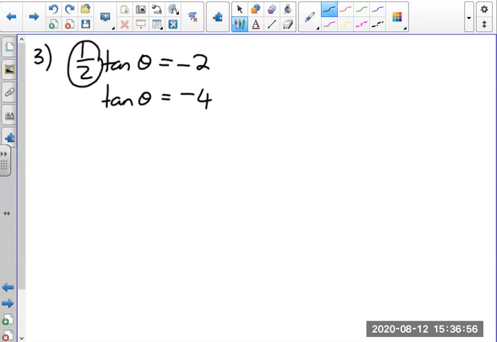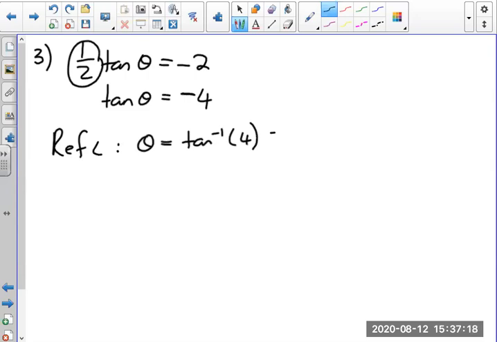Now again, if you want to work with the reference angle method, then you must leave out the minus there. You must ignore it. So you say the angle is equal to shift tan of 4. You must ignore the negative.